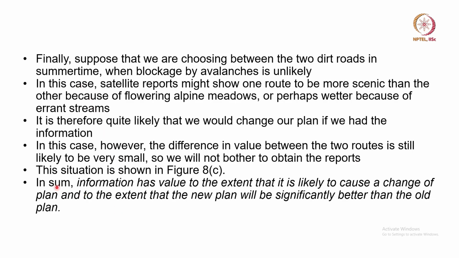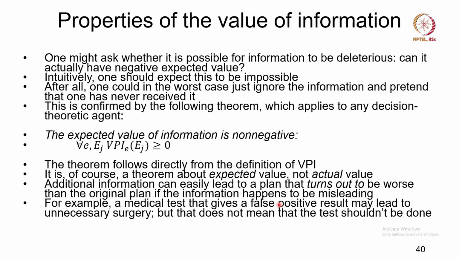So if you want to summarize this, you can say information has value to the extent that it is likely to cause a change in plan. Only if it's likely that it may cause a change in plan, only then the information has value. And in such a case, the new plan may become better than the old plan.